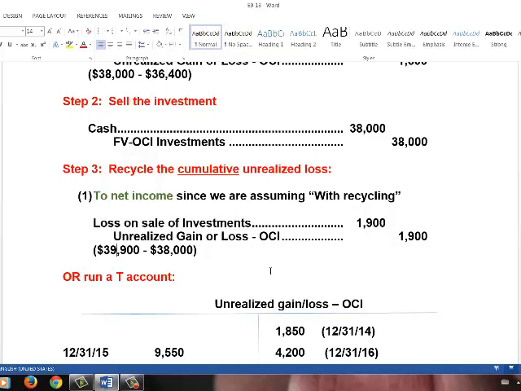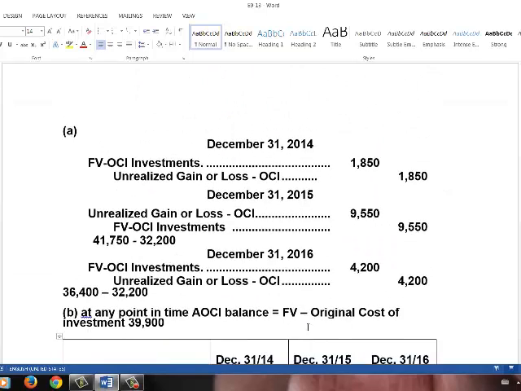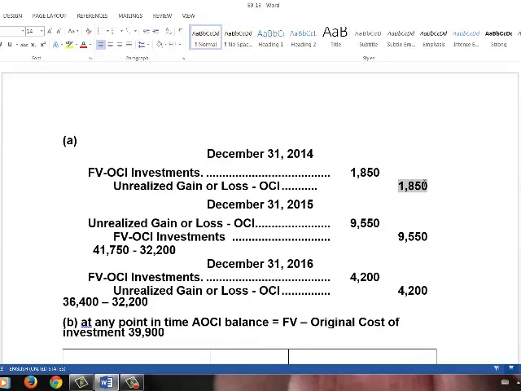If you don't like comparing what you paid for it with the fair value at the date you sold it, you don't have to do it that way. Track it through a T account. I know that cumulatively the unrealized holding gain or loss account was holding $1,850 unrealized gain or loss from 2014, right?